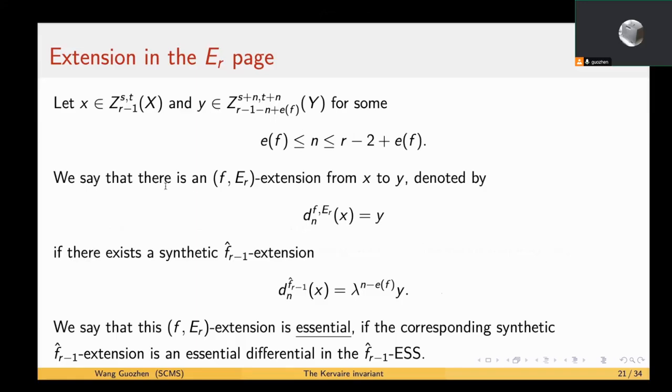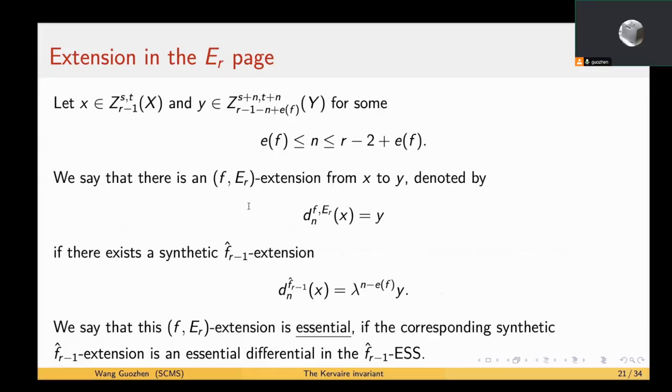We say that there is a d_n^{FER} extension from x to y, denoted by d_n^{FER} x equals y, if there is this synthetic f hat_{r-1} extension from x to lambda to the n minus e(f) power times y.